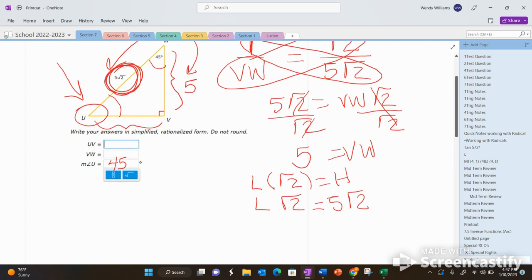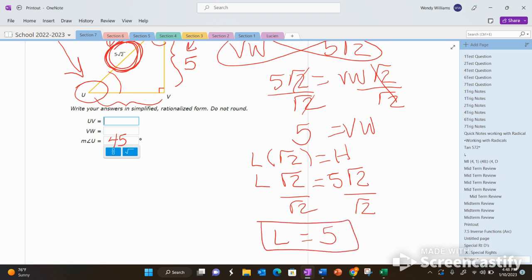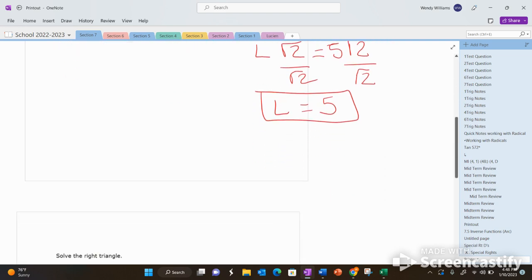And solve for the leg. And if one leg is 5, then we know that the other leg has to be 5. All right, this is nothing new other than we're finding a missing angle and the legs. Again, it's a repeat of what we did yesterday.